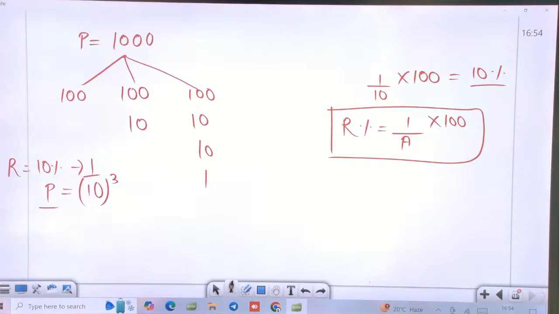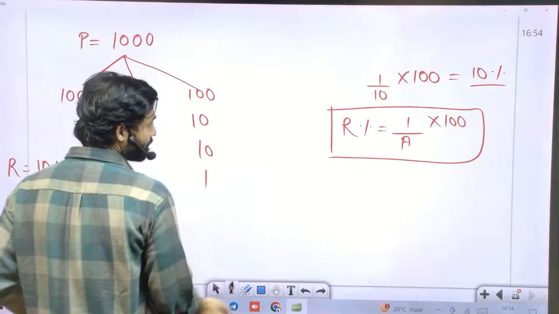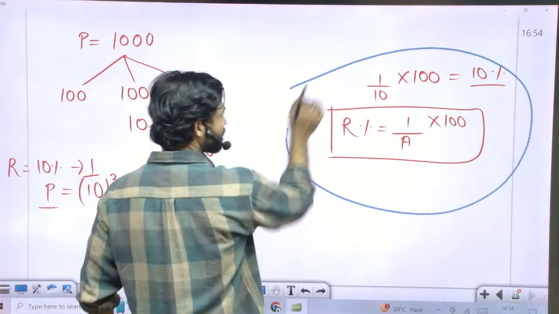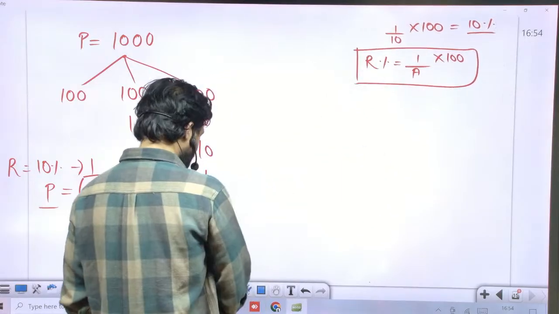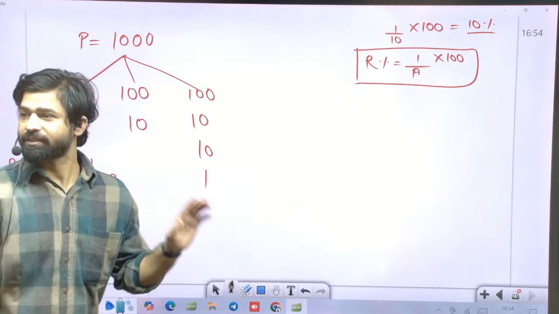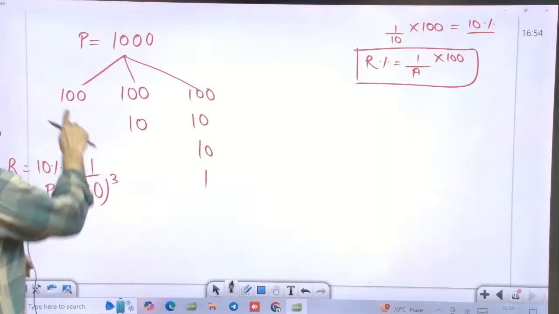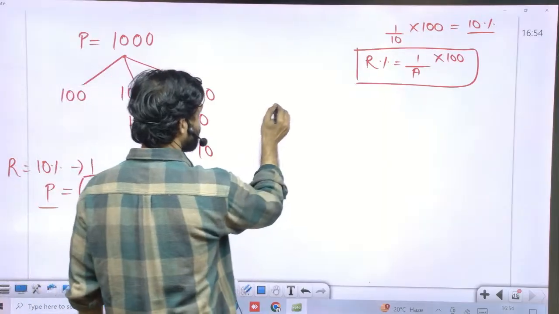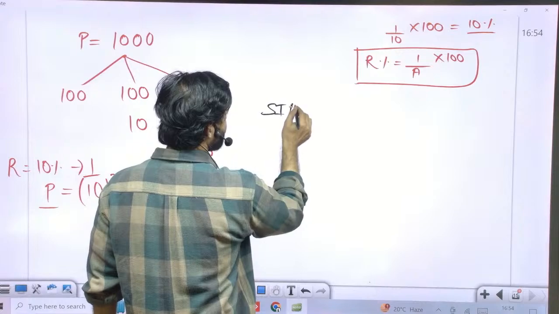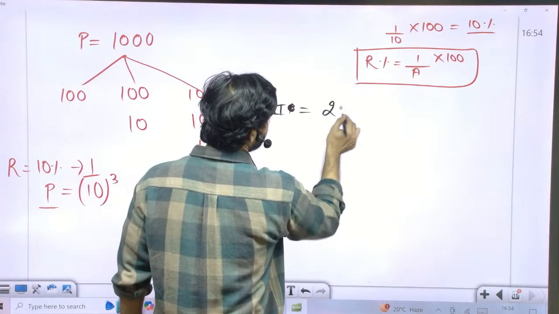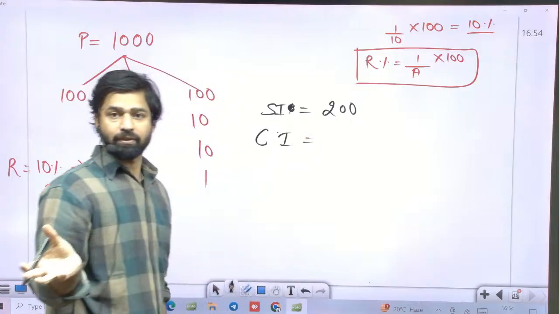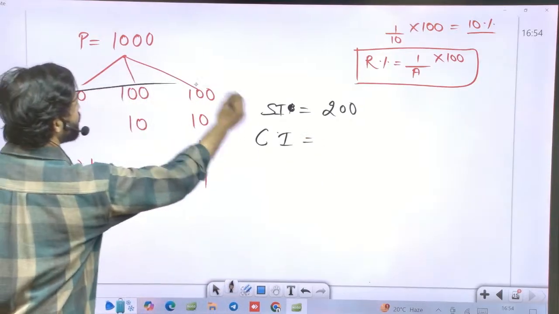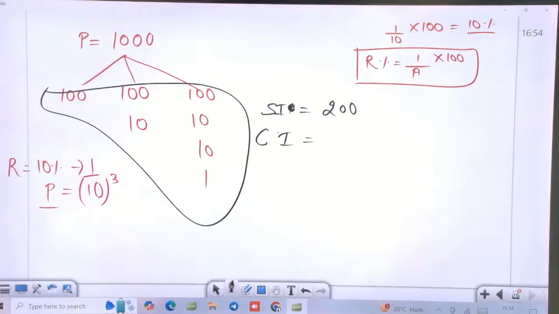Okay, look at the board, please. He is asking for SI for 2 years. So what is SI? 100 plus 100. The SI is 200. Let's collect the CI for how many years? 3 years. So this whole thing is CI.